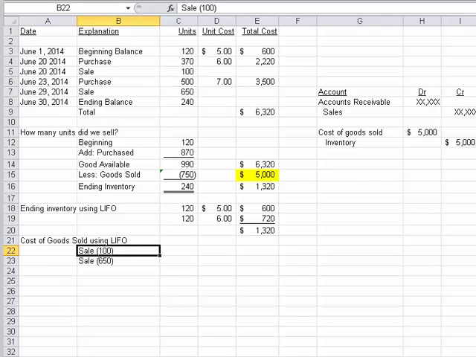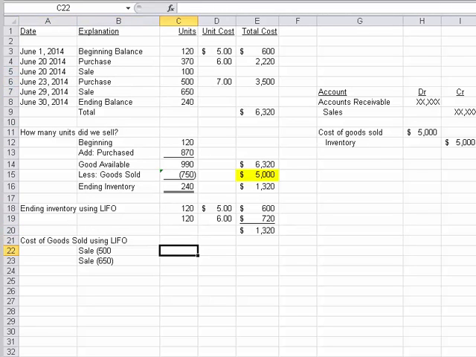Again, LIFO assumes the last one in was the first one out. So we had sales of 750 units during the month. So we're going to work backwards. The last layer we purchased was 500. We purchased 500 units on June 23rd.